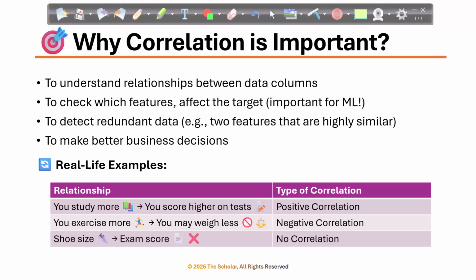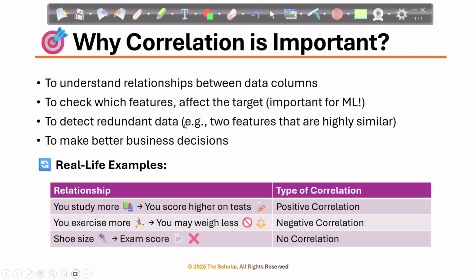As the area is increasing, the house price is increasing. So I can very well say that area is an important factor in deciding the house price. What is my target? House price. Is area affecting my house price? Yes. When area is increasing, house price is also increasing. So that is an important feature for me.